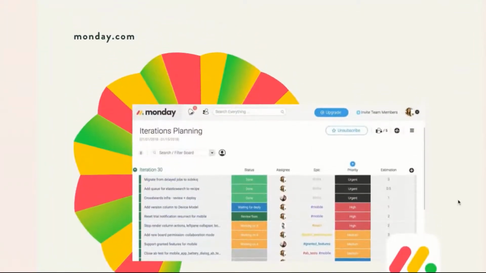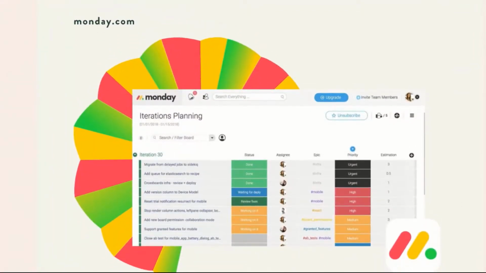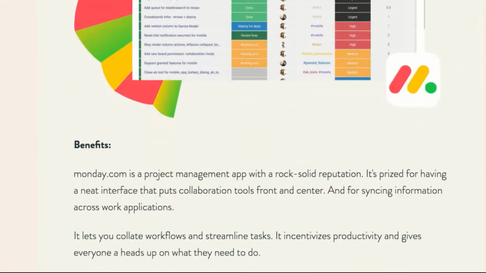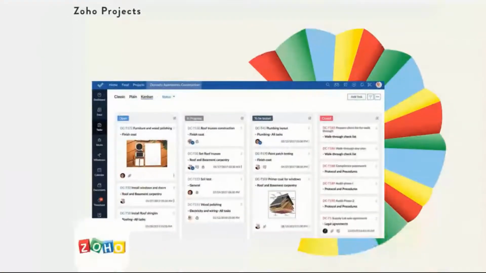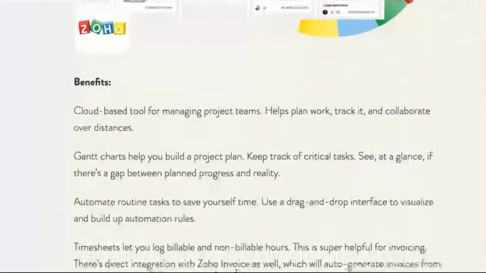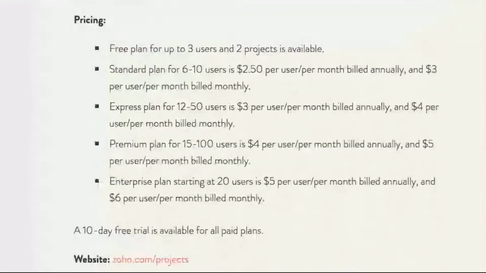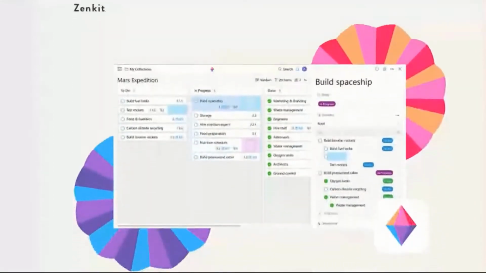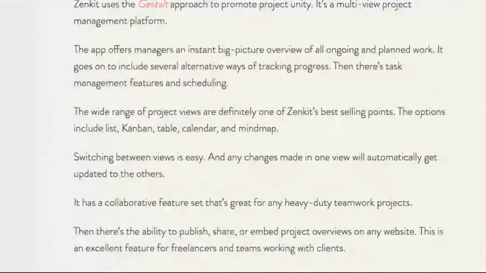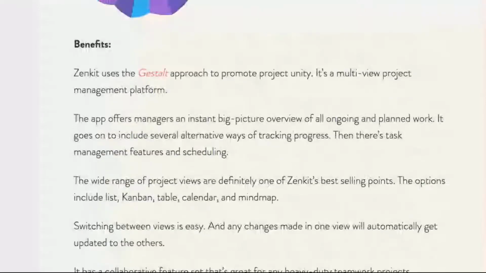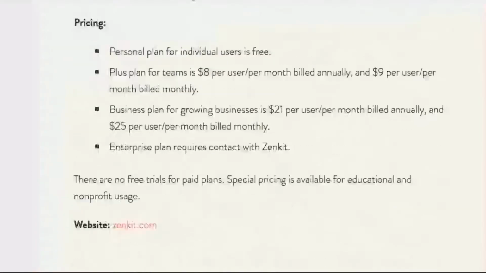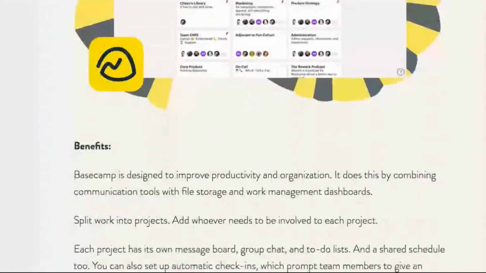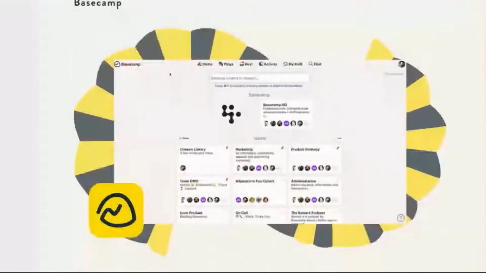What else is there? Monday.com is one of the newer ones, which again is a combination of workflow management and project management. Zoho is a pretty good one. It's one of the cheaper ones and one of the more accessible ones. ZenKit is also one of the cheaper ones. Then what do we have?